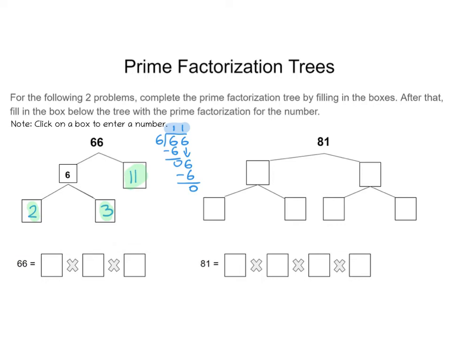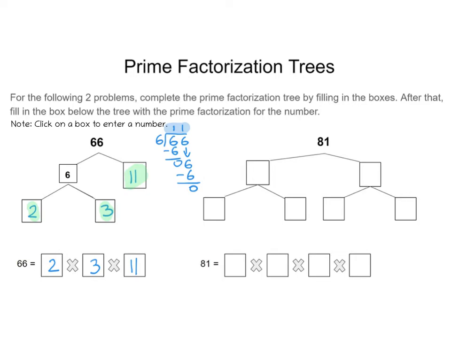The order doesn't really matter, but it's always a good idea to start from the smallest, which is 2, and then times 3, which is the next one, and then times 11. Because when we're looking for the greatest common factor, it's much easier to find it when your numbers are lined up from least to greatest instead of all mixed. So this is the prime factorization of 66.